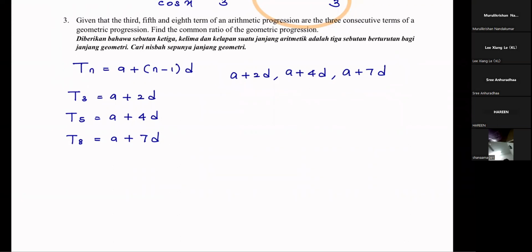So dalam GP dia akan apa dia? Dia akan ada common ratio, ratio yang sama. That means A plus 4D over A plus 2D. This is your first R. Your second R going to be A plus 7D over A plus 4D. So you have to solve this class.